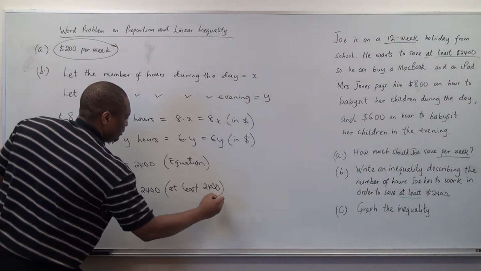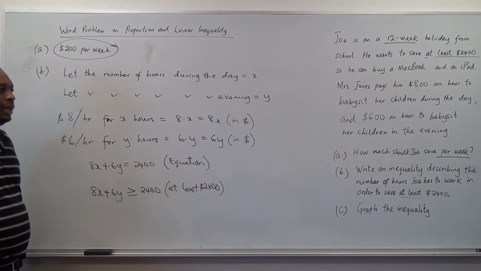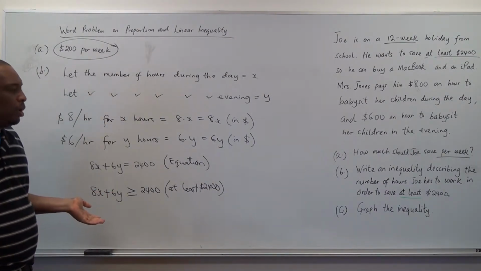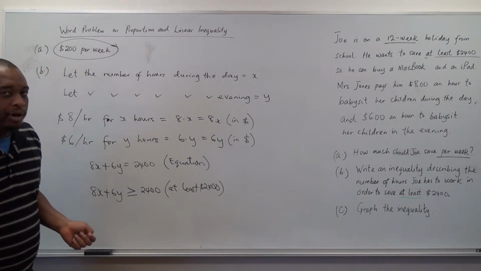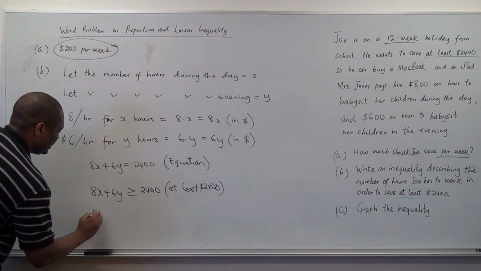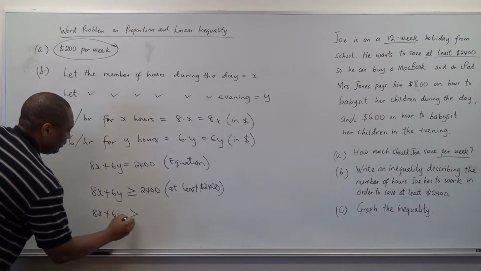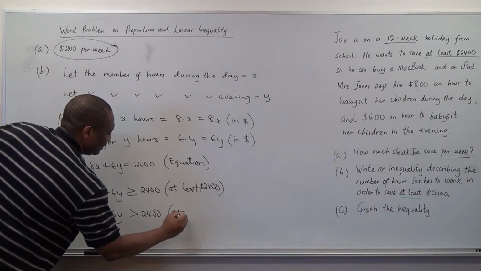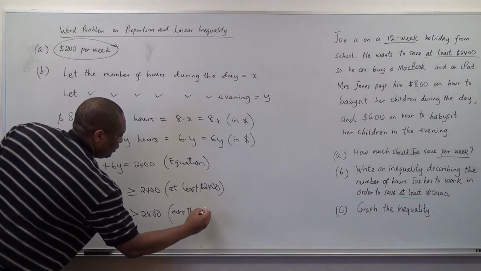If he asks how many hours he will have to work to make more than $2,400, it will be 8x plus 6y greater than $2,400.